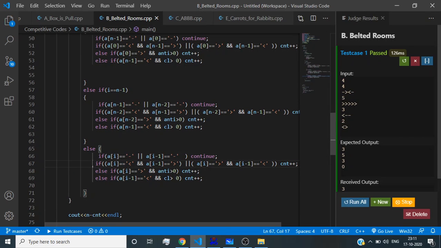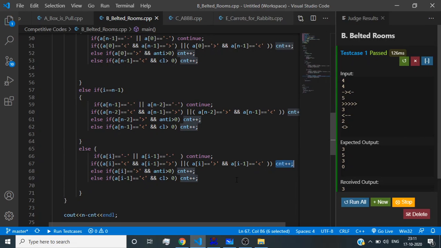returnable room. And if any of these conditions I have discussed earlier is satisfied, then this is definitely not going to be a returnable room. This is the condition in which our snake is not allowed to even go out of the room, and this is the condition in which our snake is not allowed to come into the room. So in this case, definitely it's not a returnable room, and this is the condition that we have discussed.